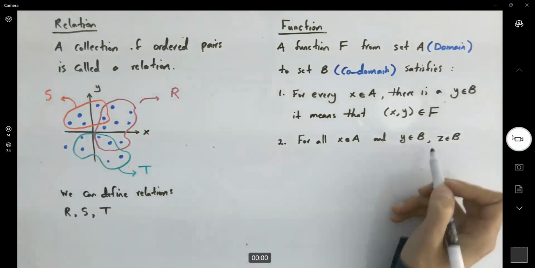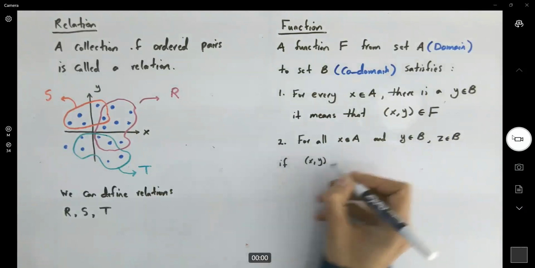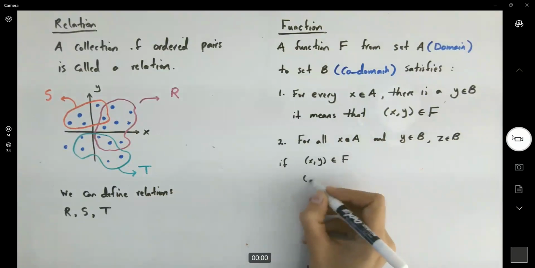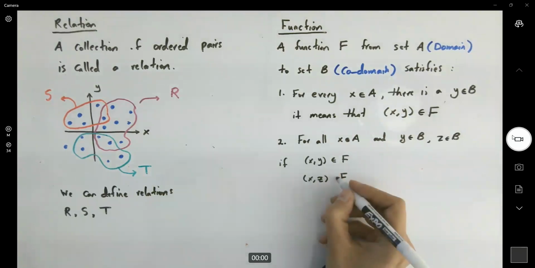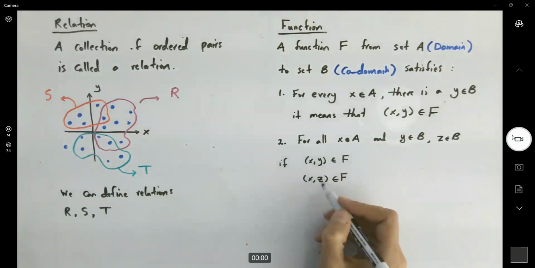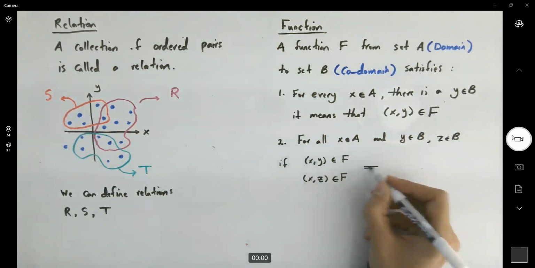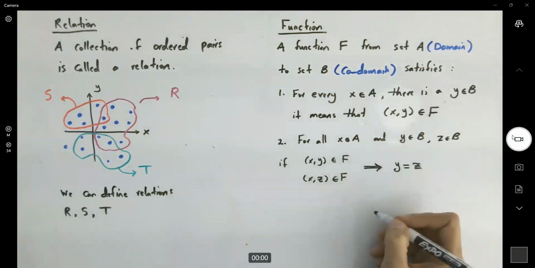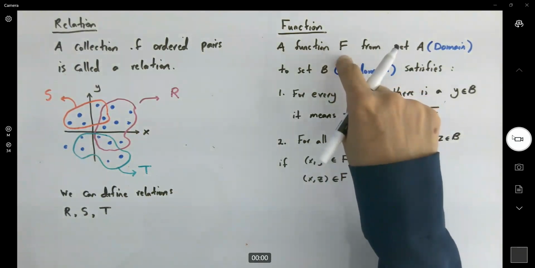If x and y is in that relation, x and z is also in that relation, it means that if you have two y values associated to the same x value, then y and z must be equal to each other.